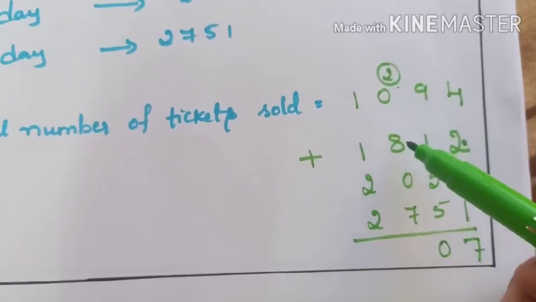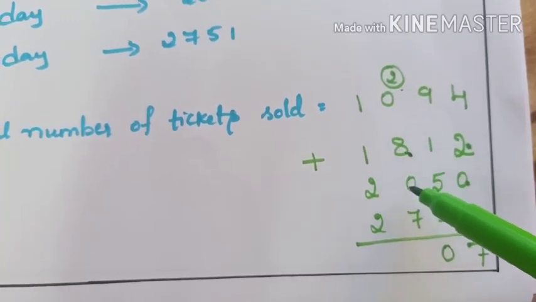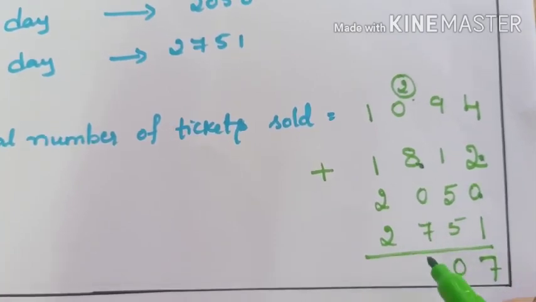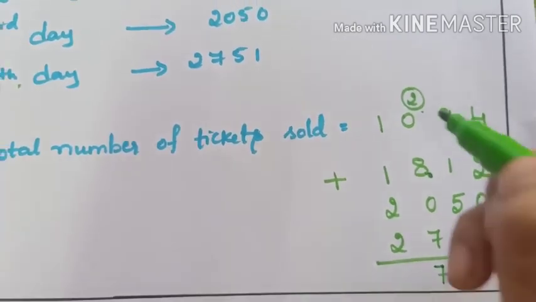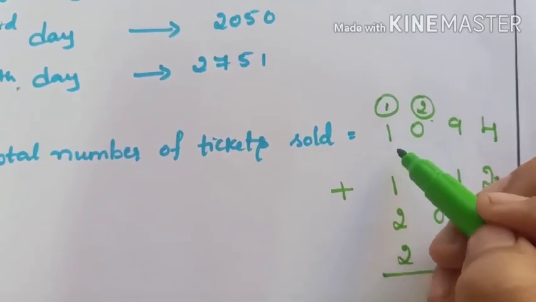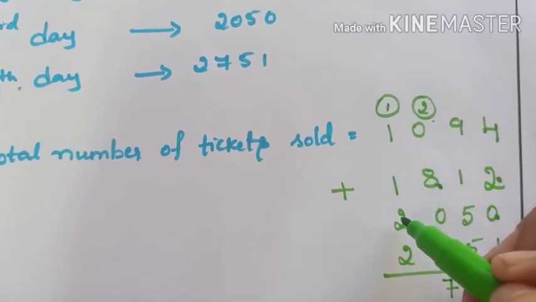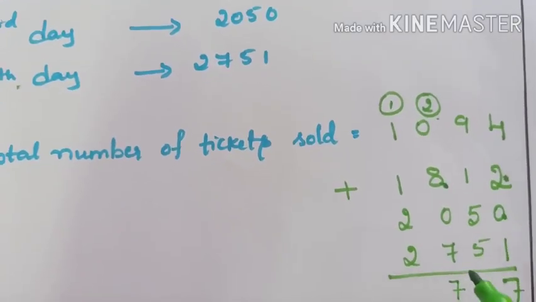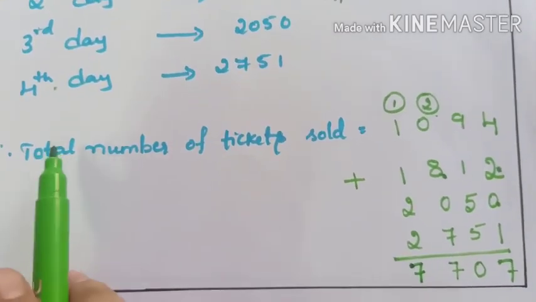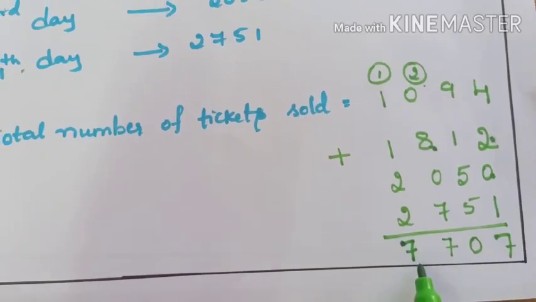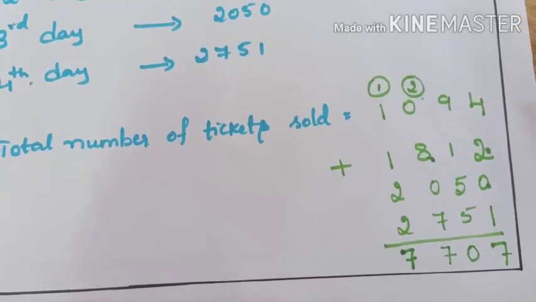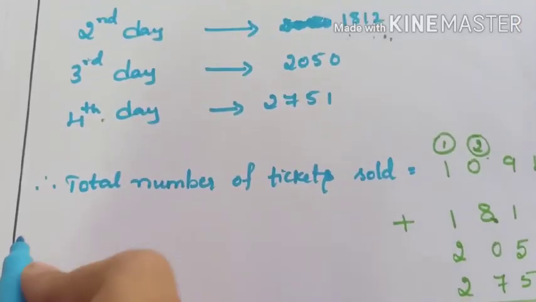Then 2 plus 8 is 10, 10 plus 0 is 10, 10 plus 7 is 17. 7, again 1 carry, 1 plus 1 is 2, 2 plus 1 is 3, 3 plus 2 is 5, 5 plus 2 is 7. And hence the total number of tickets sold are 7707.